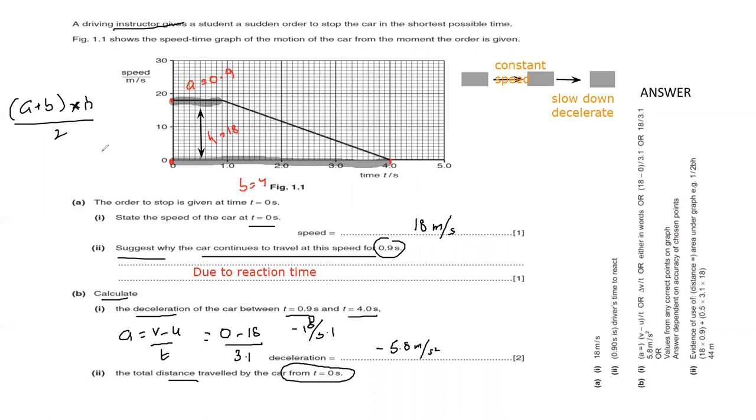So we have the formula: half the sum of the parallel sides times the height. One parallel side is 0.9 plus 4, multiplied by 18, divided by 2.